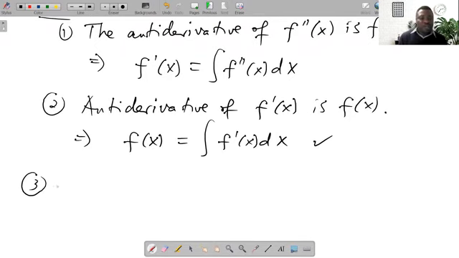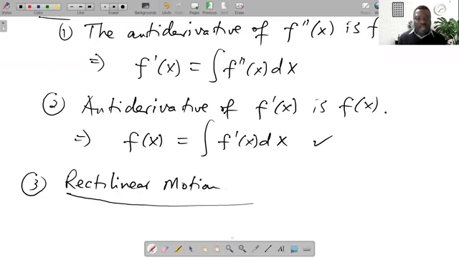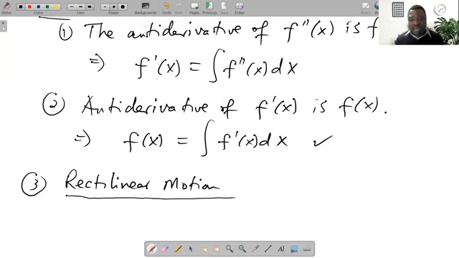3. Remember we talked about rectilinear motion way back, or what we call motion in a straight line. Here we're dealing with the position function, velocity, and acceleration. Remember those things.